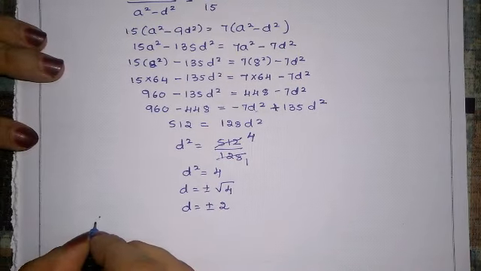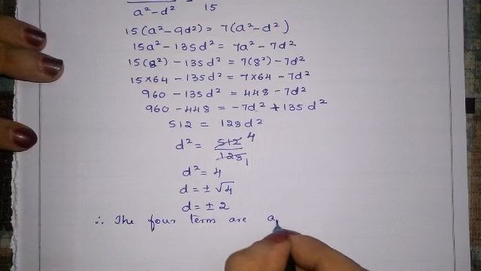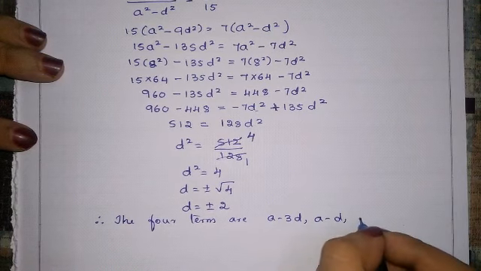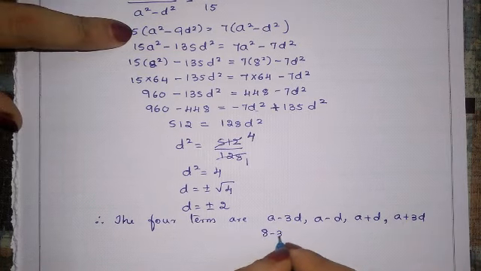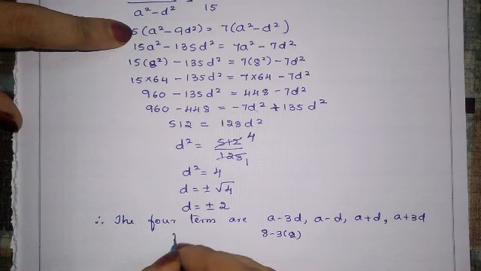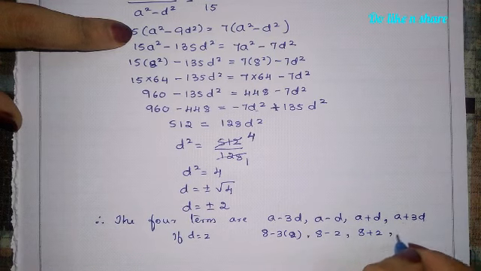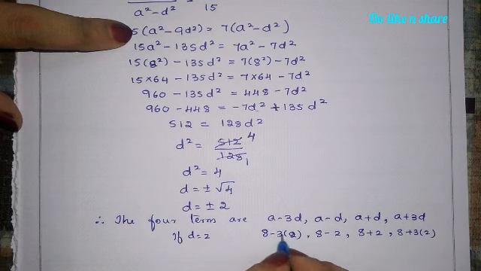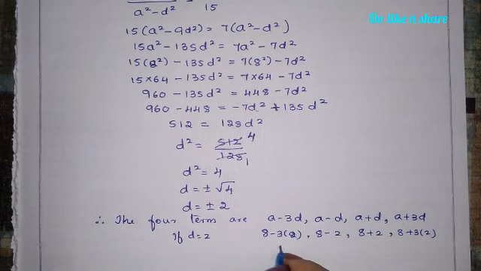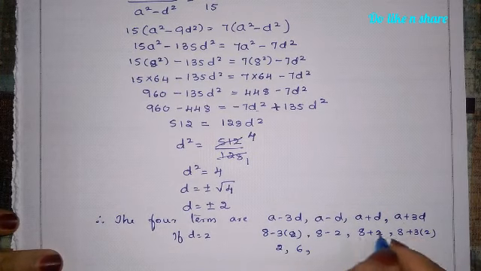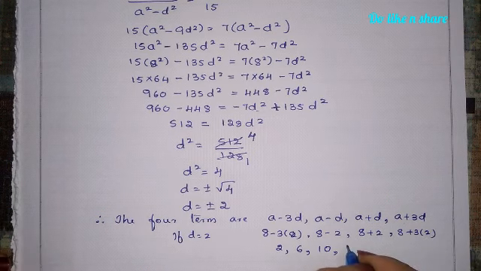Now find the 4 numbers. Therefore, the 4 terms are a − 3d, a − d, a + d, a + 3d. a is 8, and if d is equal to 2: 8 − 3 into 2, 8 − 2, 8 + 2, 8 + 3 into 2. 3 twos are 6. 8 − 6 is 2. 8 − 2 is 6. 8 + 2 is 10. 8 + 6 is nothing but 14.